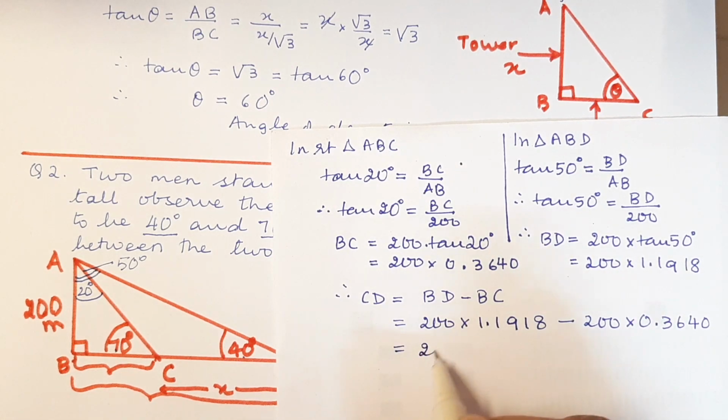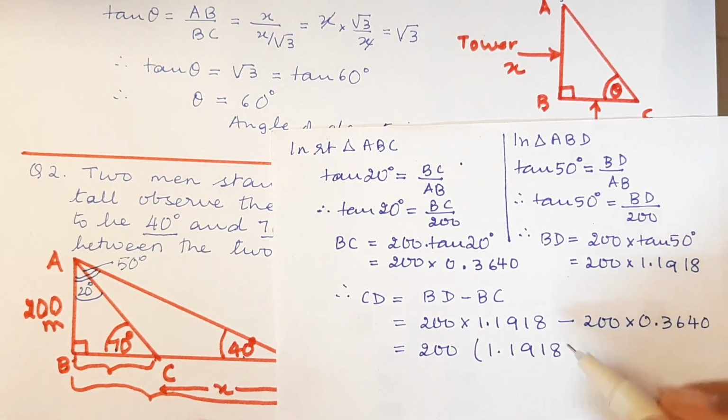That gives us 200 into bracket 1.1918 minus 0.3640.